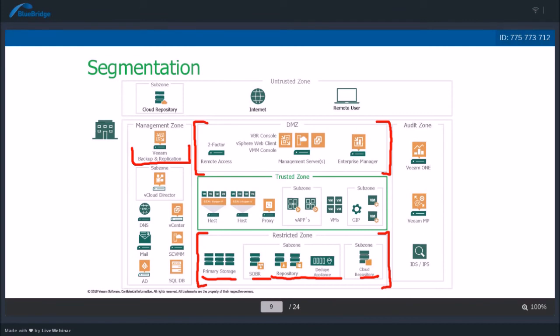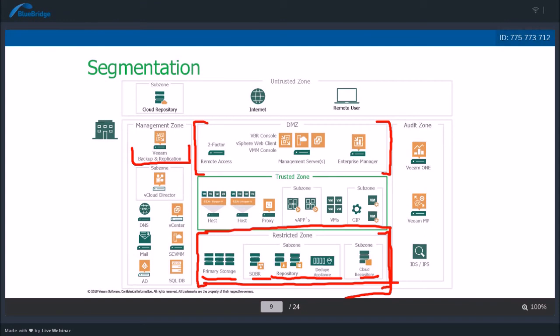As soon as people see some sort of vSphere environment presented to the world, they try to attack it. So this kind of separation, especially of those critical backup components, especially the backup repository which is storing your data, is something you have to take into account.